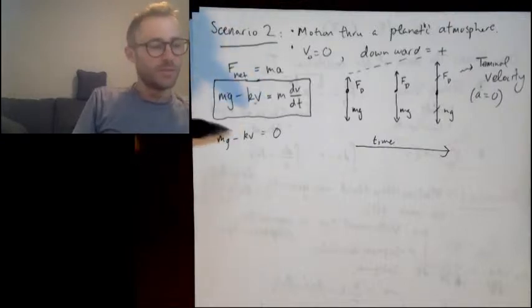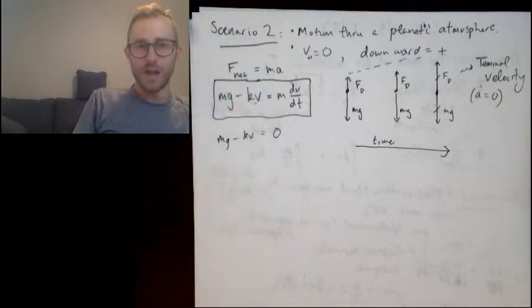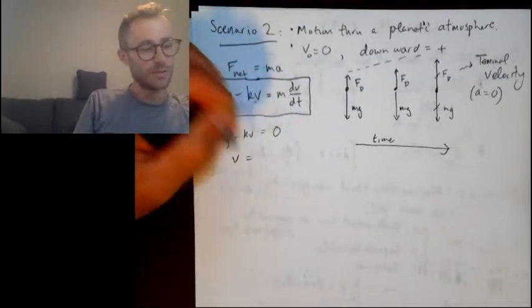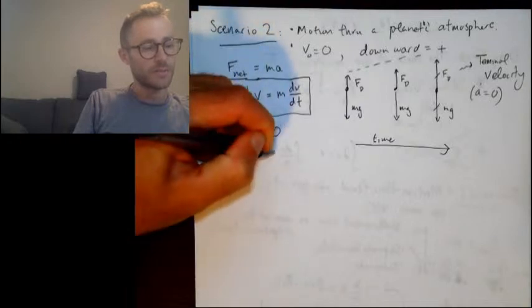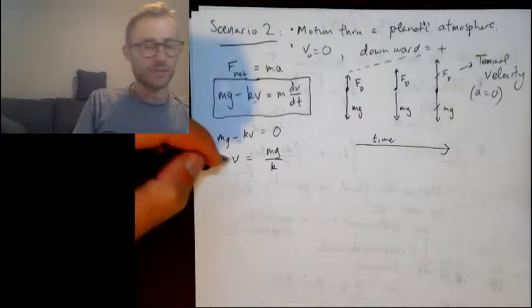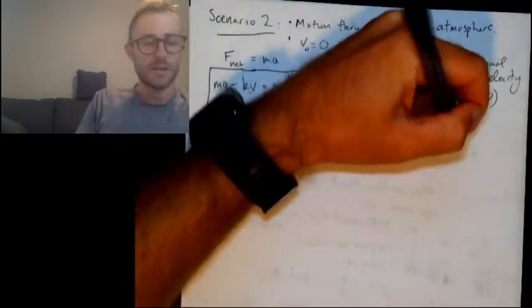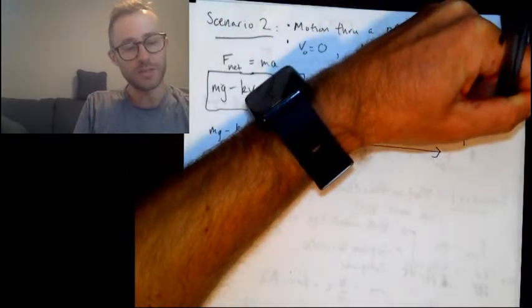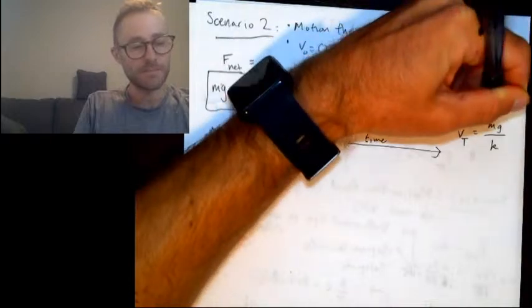This equation no longer has the derivative of the velocity in it, so it's an algebraic equation that we can just solve. We have the velocity equals mg over k. All right? So that's the terminal velocity. I'll denote it by v sub capital T, and its value is mg over k.